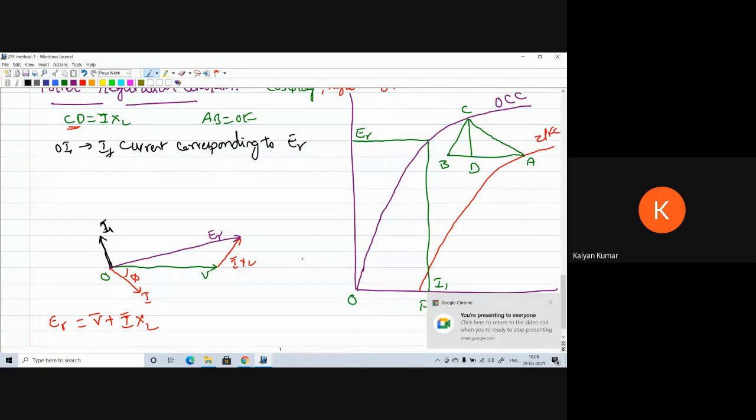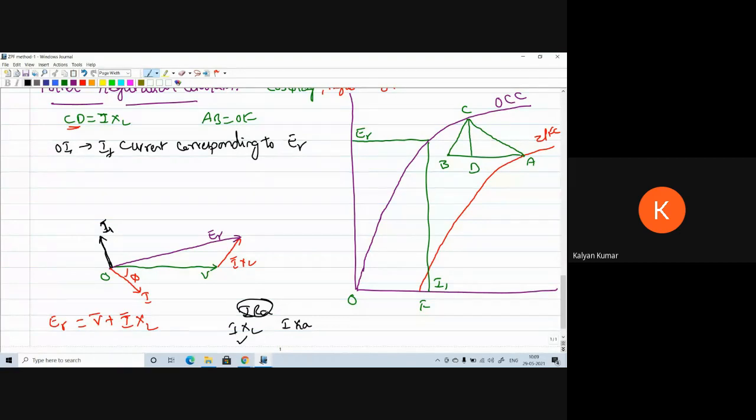Okay, so after plotting this OI1 vector, this OI1 corresponds to the leakage reactance drop. Now we have to add the remaining drop, that is the armature reaction drop. So we have the IRA drop, the IXL drop, and the IXA drop. The IRA drop we neglected, the IXL drop we added, and the next to add is the IXA drop.